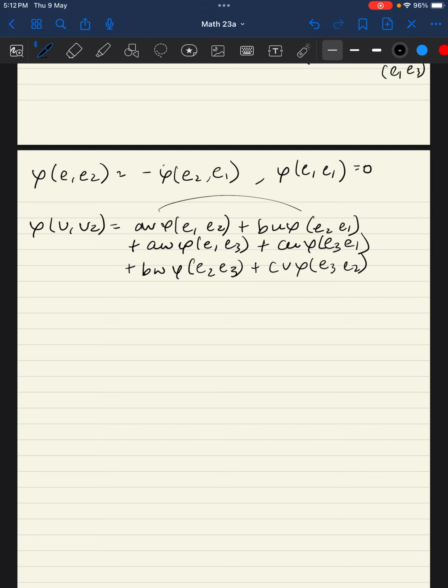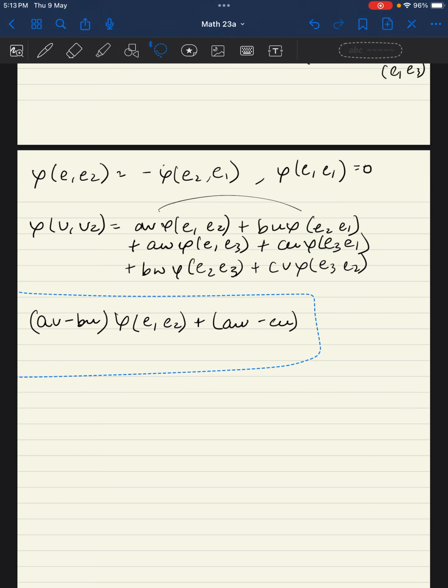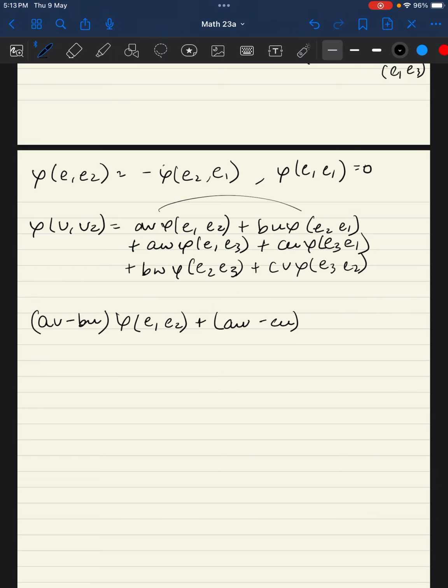So we get something like AV minus BU times phi of E1, E2 plus AW minus CU times phi of E1, E3 plus BW minus CV times phi of E2, E3.